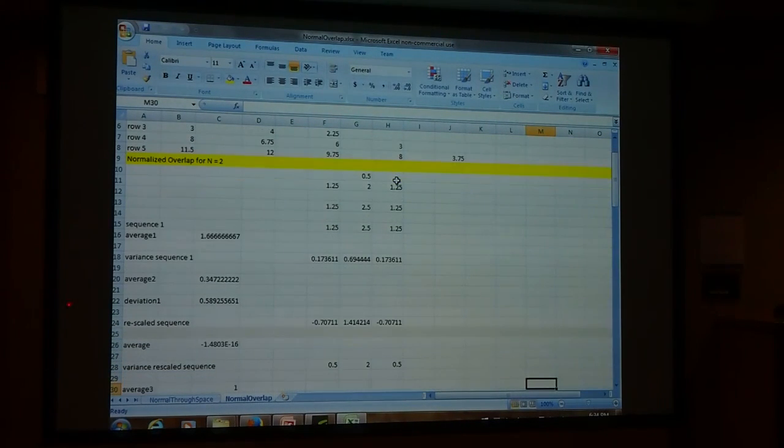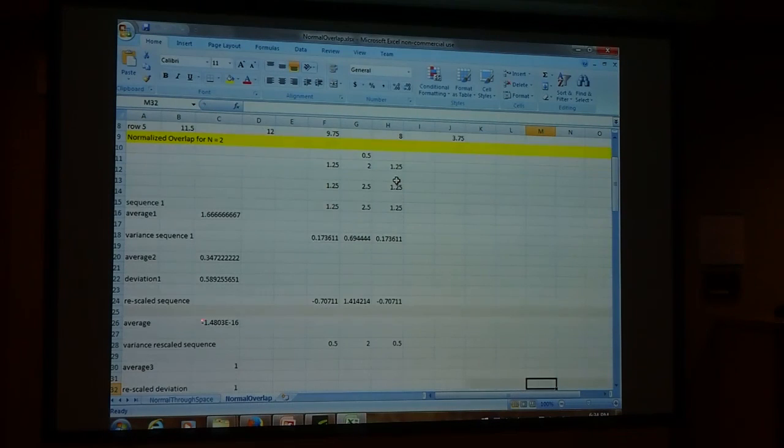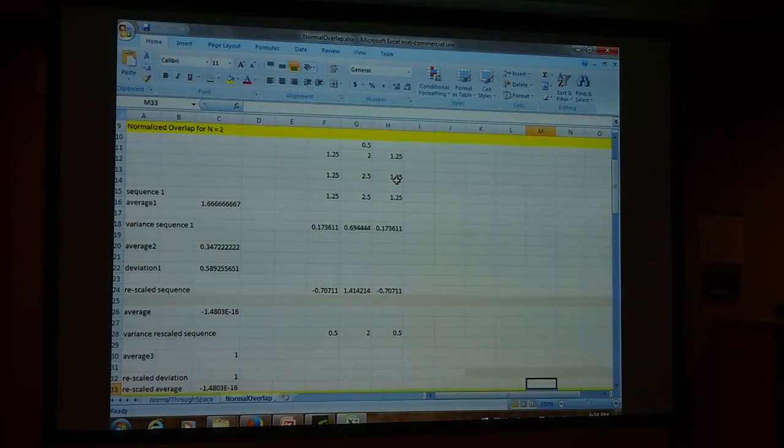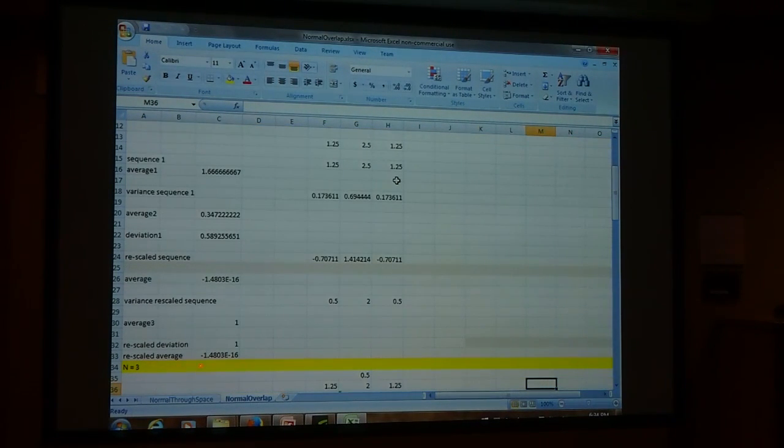And then what we can show, where did it go? Oh, okay, right. What we can show is that we get an average of basically 0 and a standard deviation of 1. That's for this one.